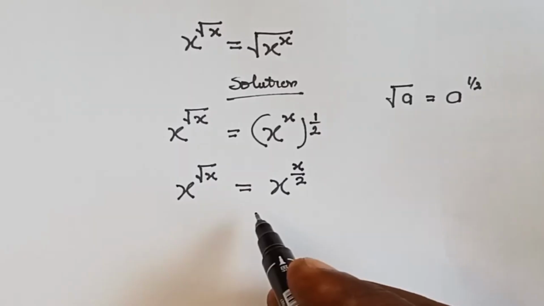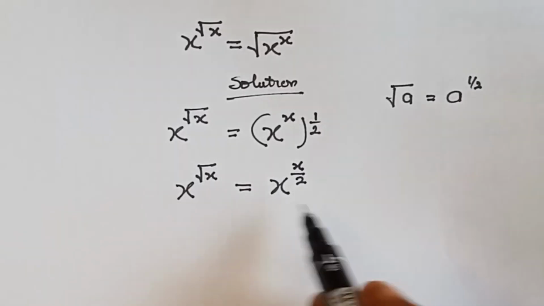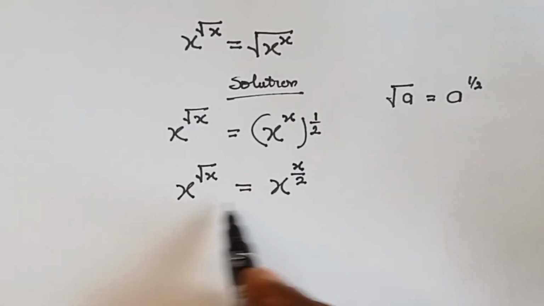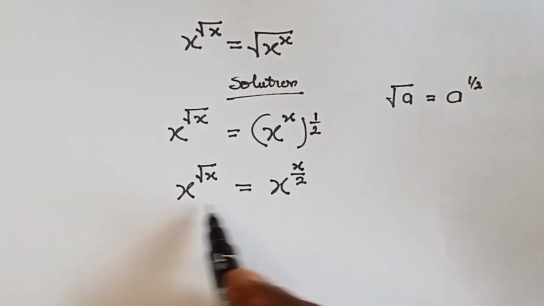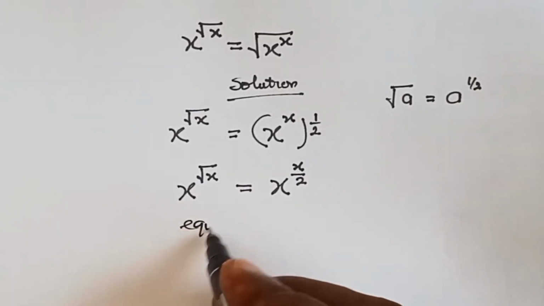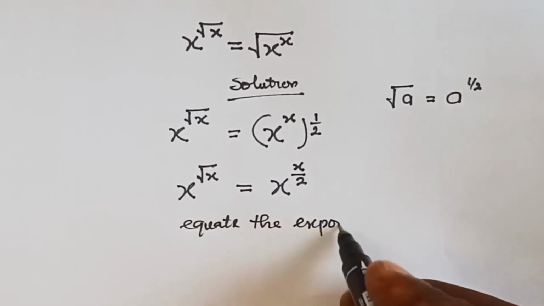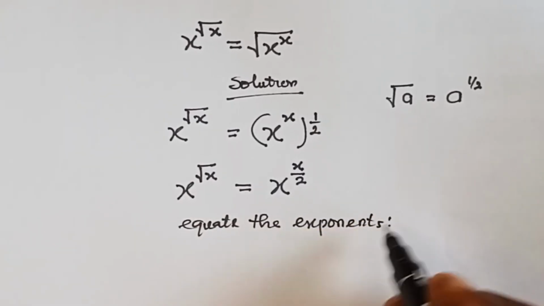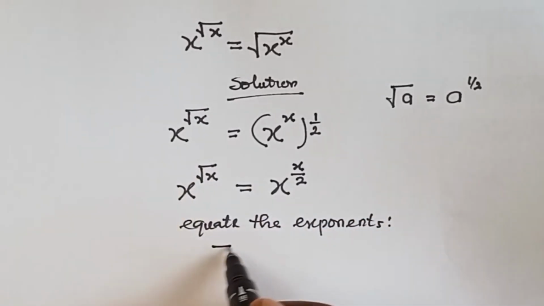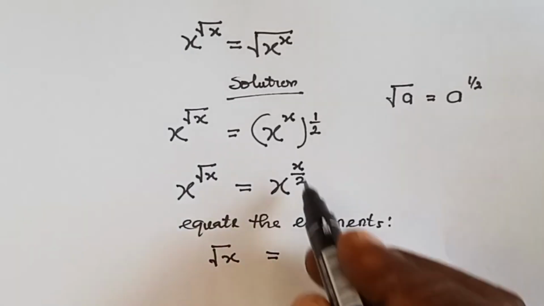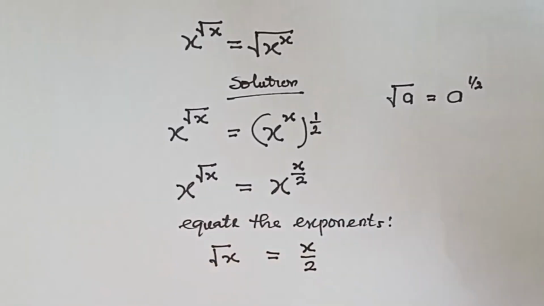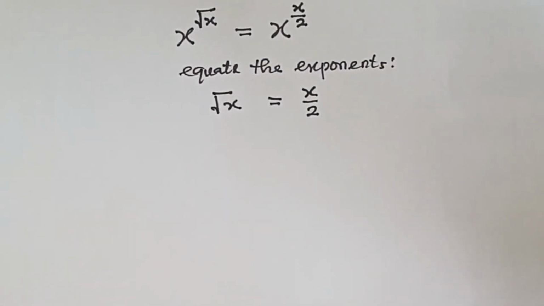So from here we can equate the exponents because the bases are the same. We have x and we have x. That means we have root x equals x over 2, and then from there we can cross multiply.